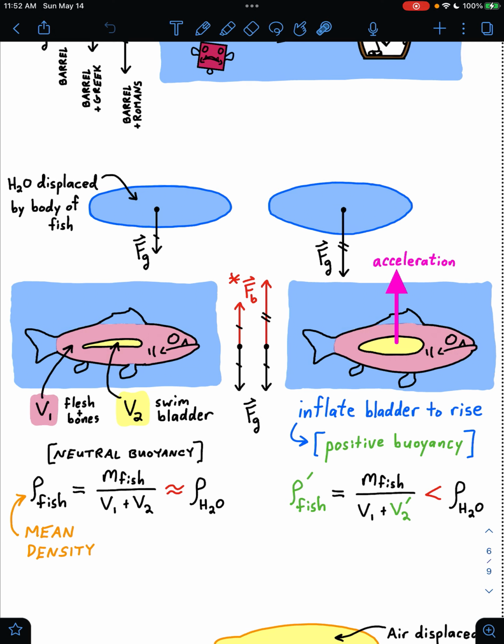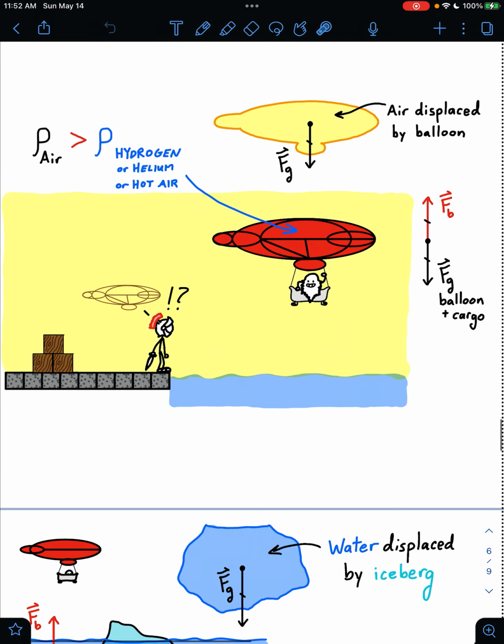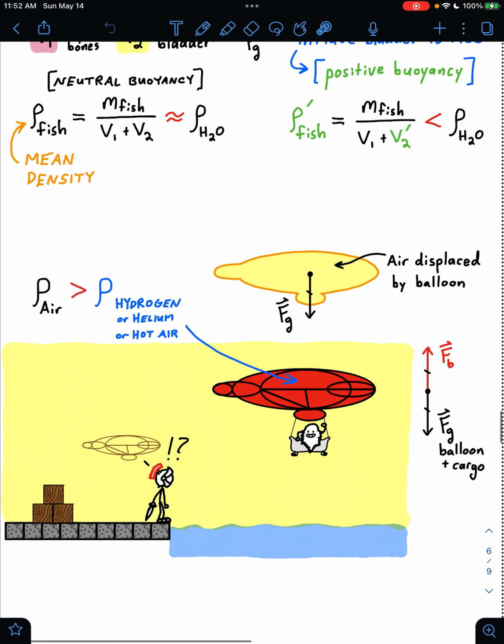So most aquatic animals have some means like this to adjust their own buoyancy to rise or sink as they desire. Now then, taking to the skies, we can have here a hot air balloon or a hydrogen-filled balloon or a helium-filled balloon that is displacing an enormous volume of air.